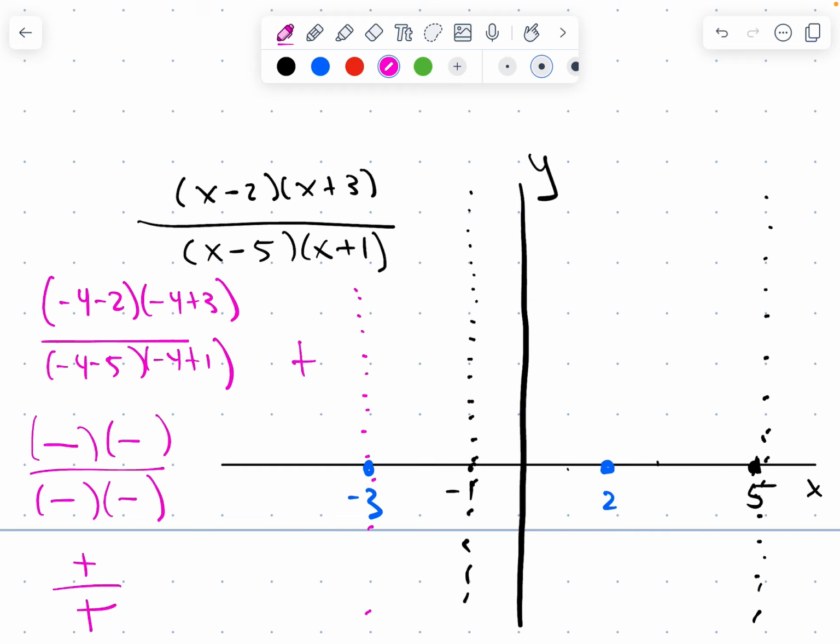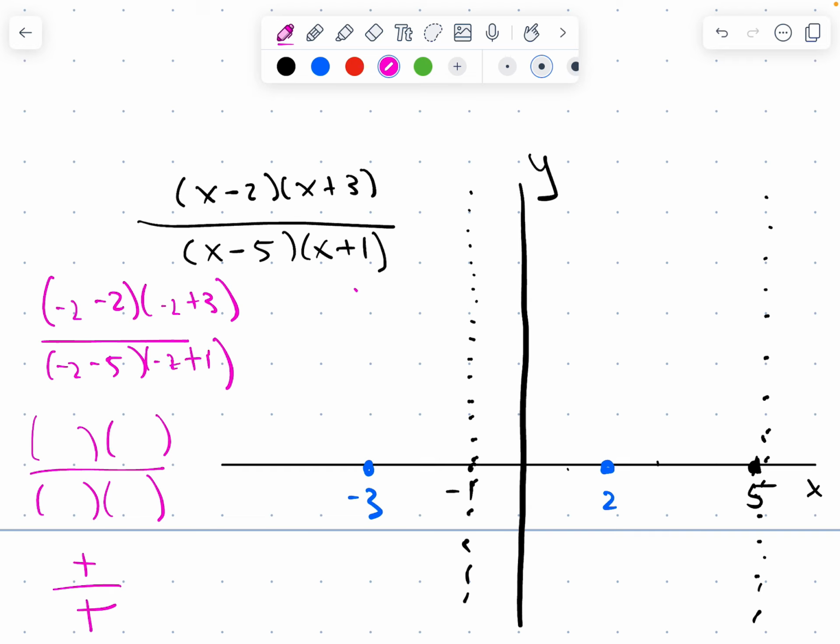Okay, what about what happens between negative 3 and negative 1? Let's pick negative 2. Let's test it and see if I'm positive or negative in that region. So if I plug in negative 2, let's see what happens. Negative 2, negative 2, negative 2, negative 2.